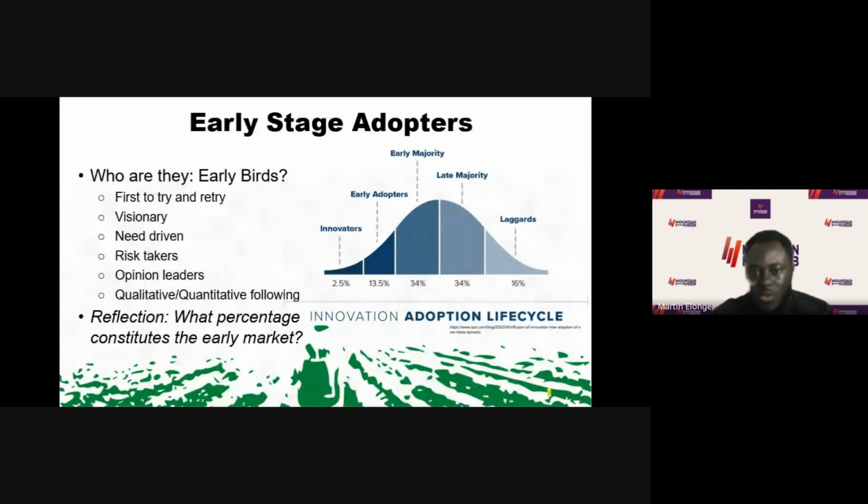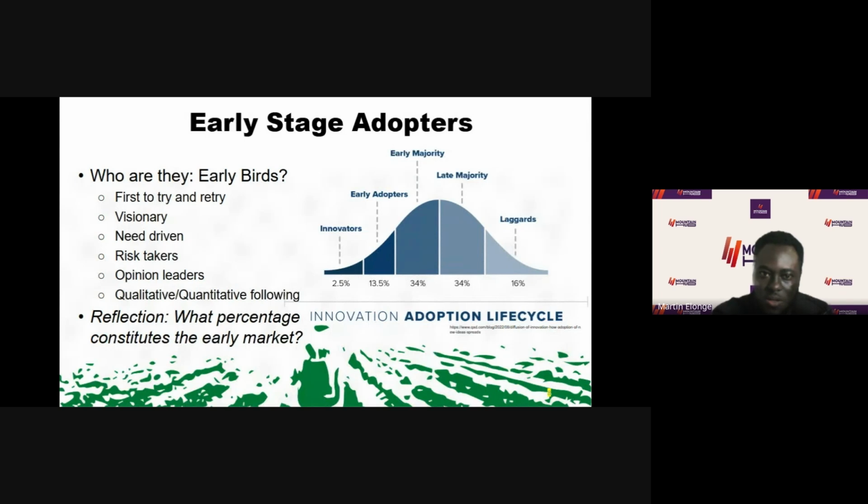The people we're talking about today, early adopters, form 13.5% of this graph. So here we have innovators, early adopters, early majority, late majority, and laggards, and they have different percentages. Innovators 2.5, early adopters 13.5, early majority 34%, late majority 34, laggards 16.